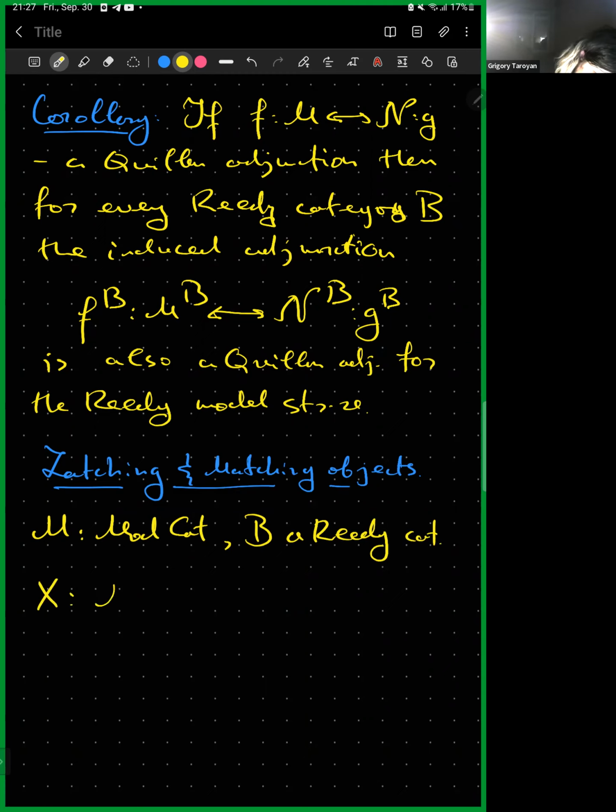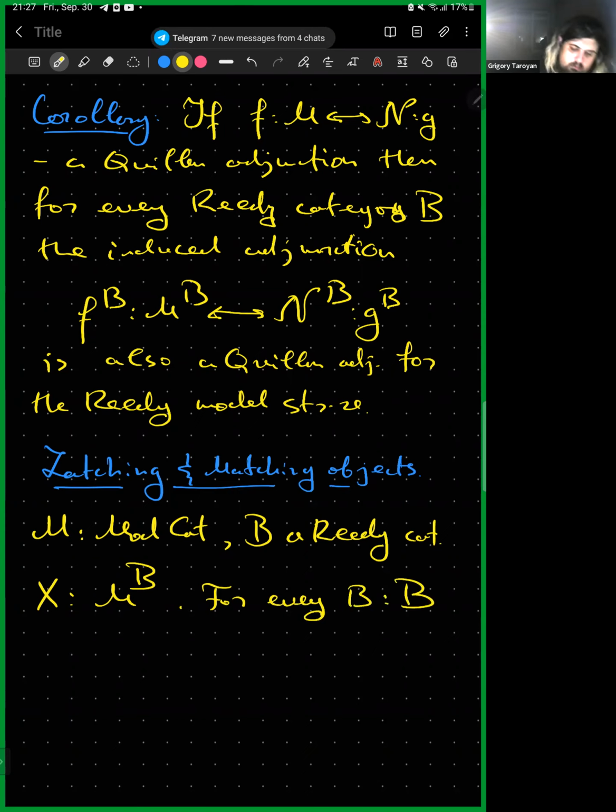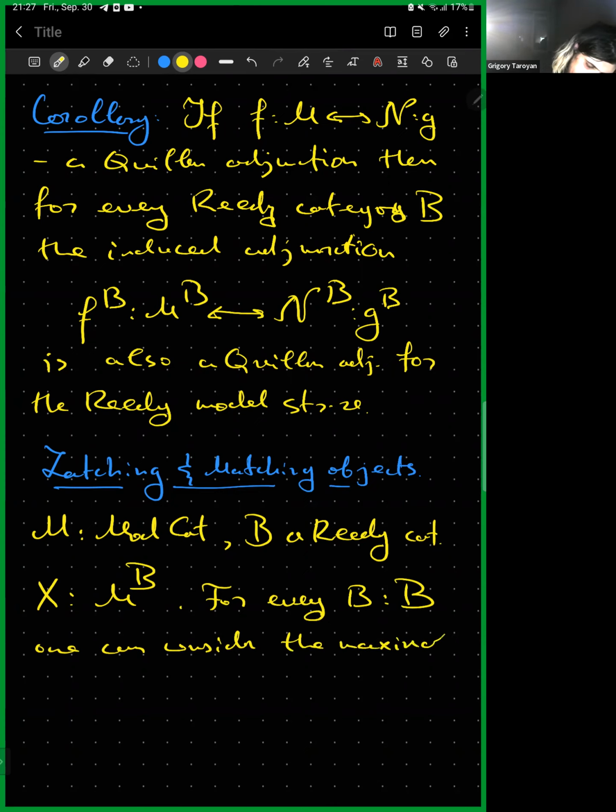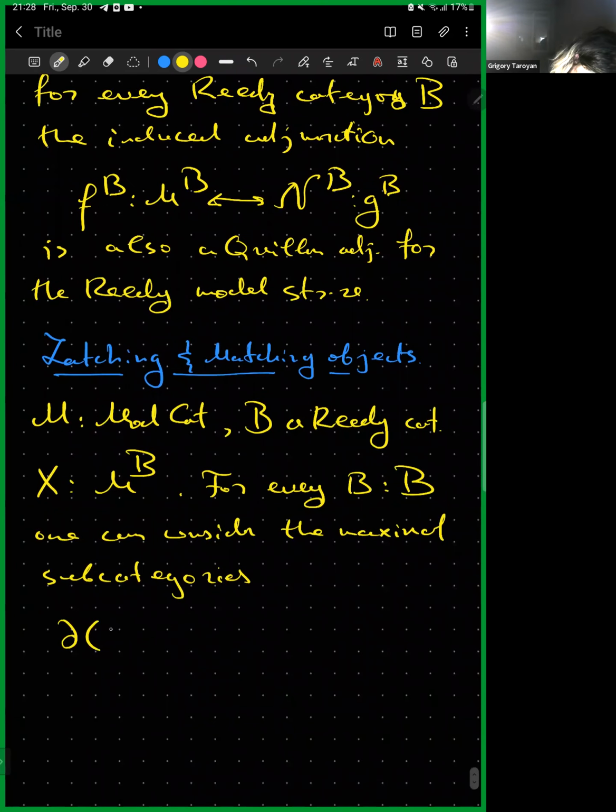And assume that X is a diagram of shape B in M. And for every object D in category B, one can consider the maximal subcategories, so we take this overcategory of B over D, and we take it as a subcategory.